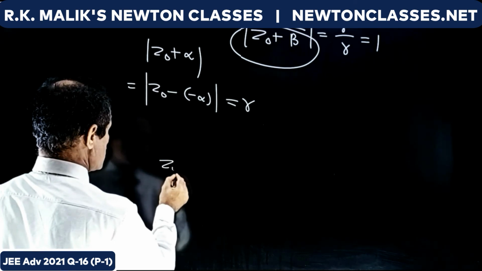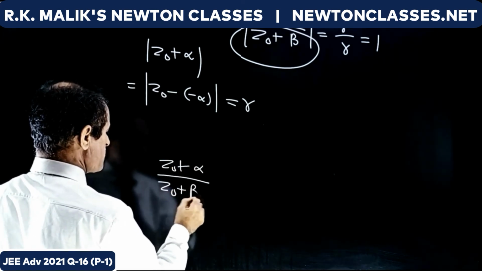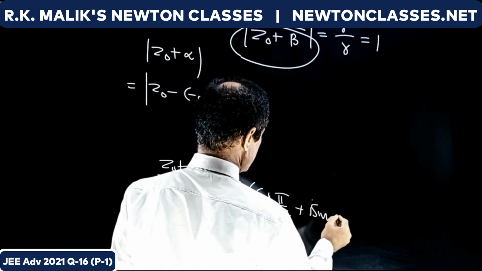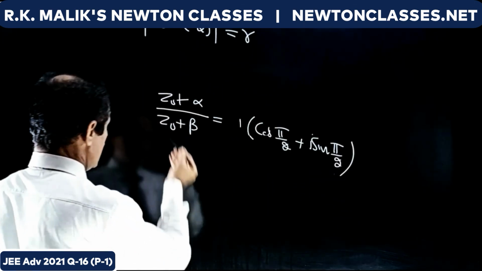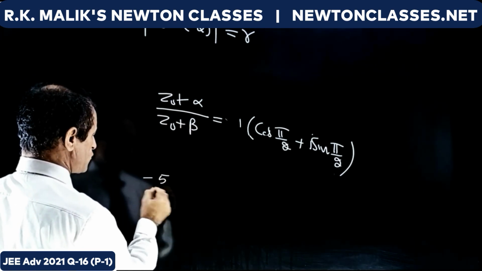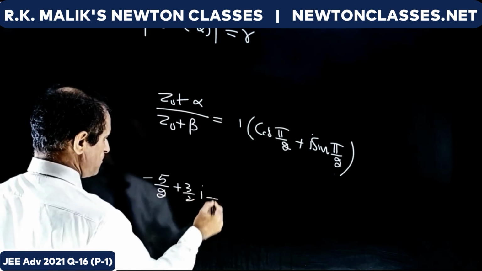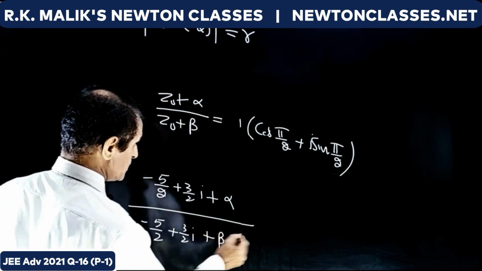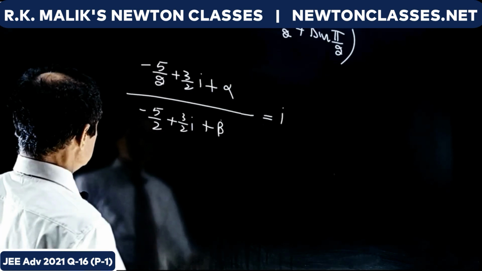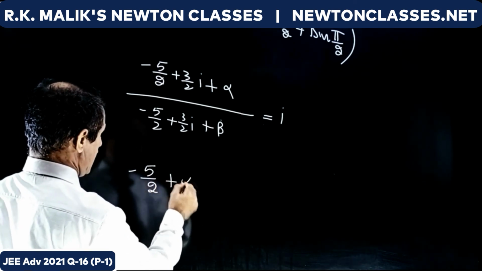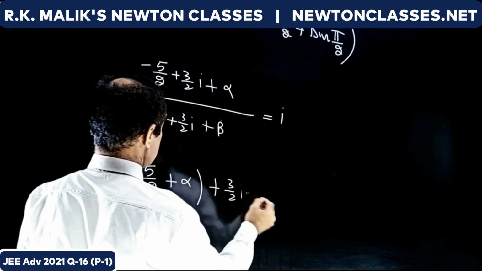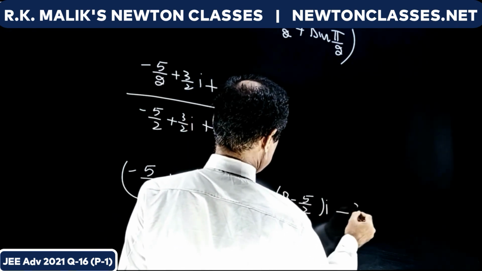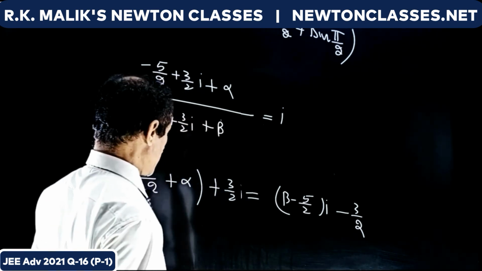Keeping this in mind, z0 plus alpha upon z0 plus beta will be 1 into cos pi by 2 plus I sin pi by 2, and z0 is already known to us, that is minus 5 by 2 plus 3 by 2 I, so minus 5 by 2 plus 3 by 2 I plus alpha upon minus 5 by 2 plus 3 by 2 I plus beta is equal to I. That is minus 5 by 2 plus alpha plus 3 by 2 I is equal to beta minus 5 by 2 I minus 3 by 2, because iota square is minus 1.